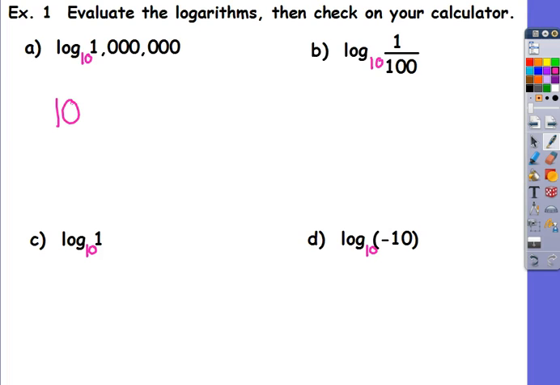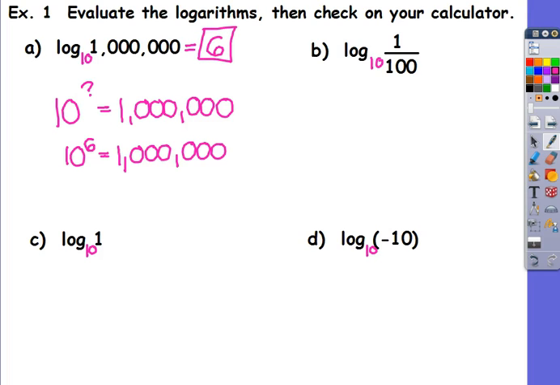A logarithm is an exponent. So 10 to what power is going to give me out a million? Well, a million has 6 zeros, so 10 to the 6th power would give me out a million, which means my answer is 6. So why don't you pause the video, take a moment to look at these other 3 examples, and let's see what you come up with.